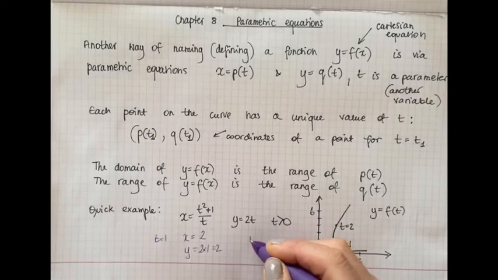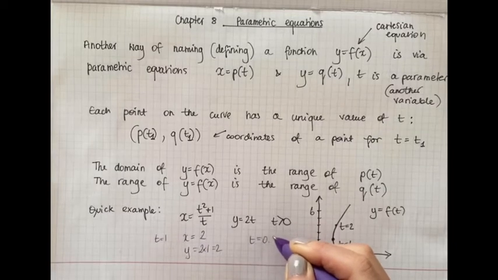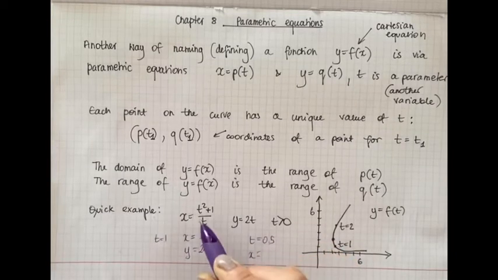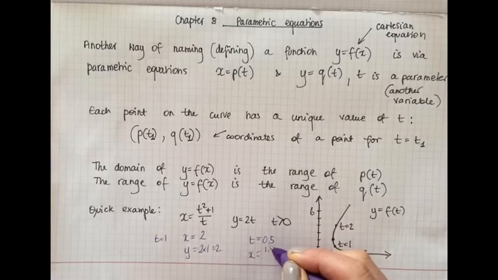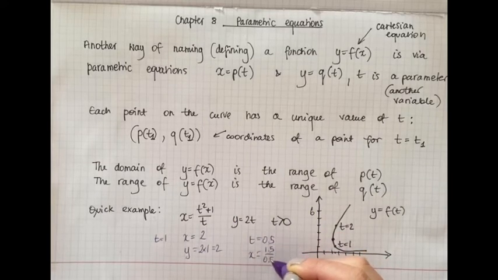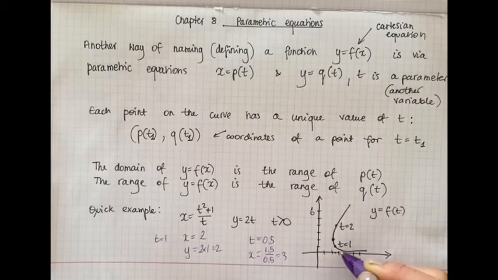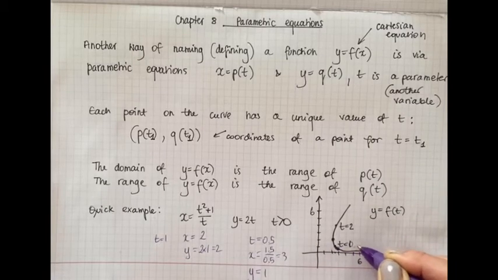So when t is equal to 0.5, x is going to be equal to 0.5 squared plus 1, so it's 1.25 over 0.5.